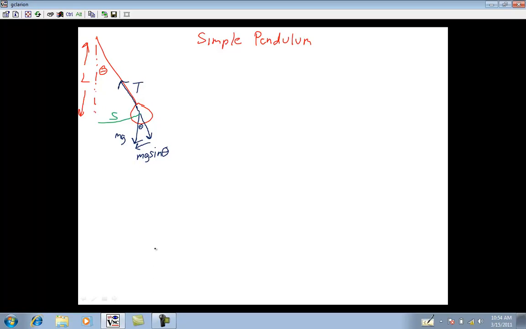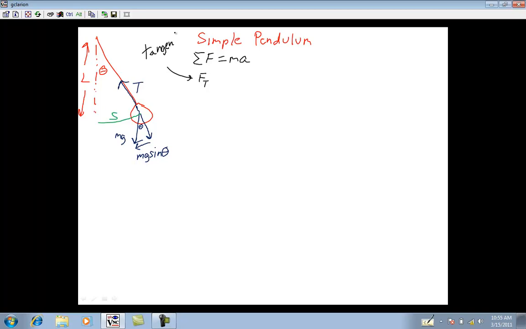Okay, so just like before, where we started off with the previous derivation, we said the sum of the forces equals the mass times acceleration. In this derivation, we're going to start with a tangential force. Okay, so that means tangential along the S there.